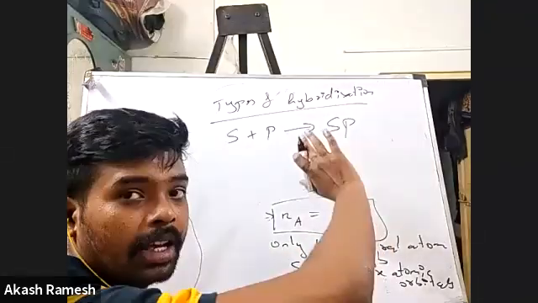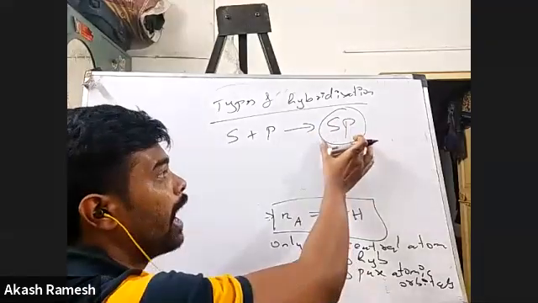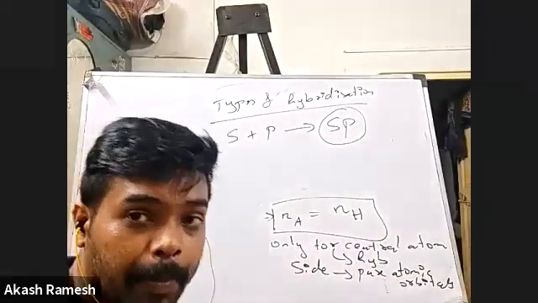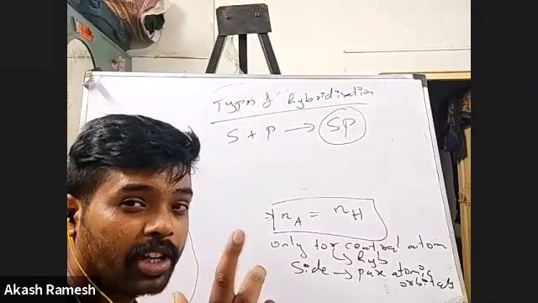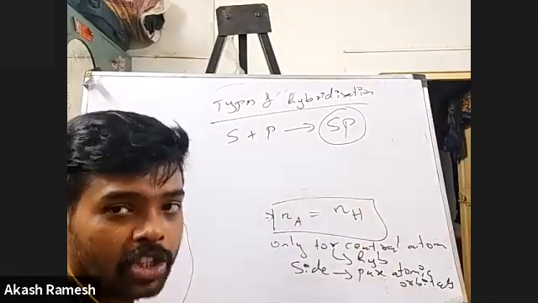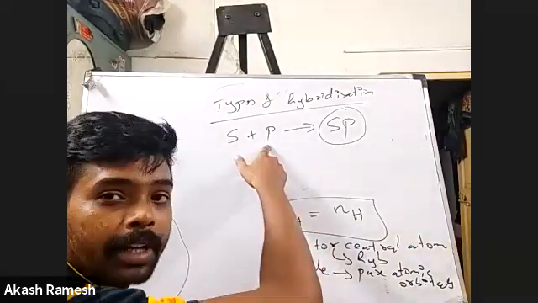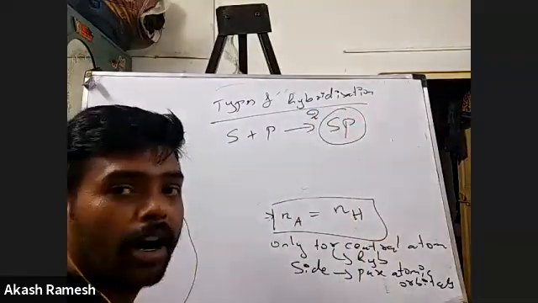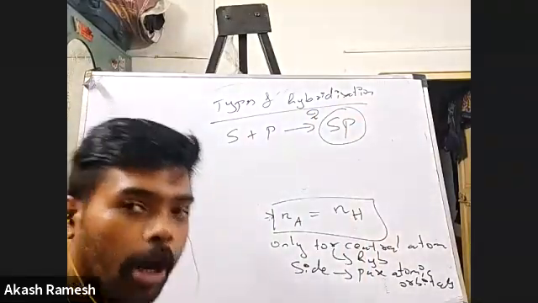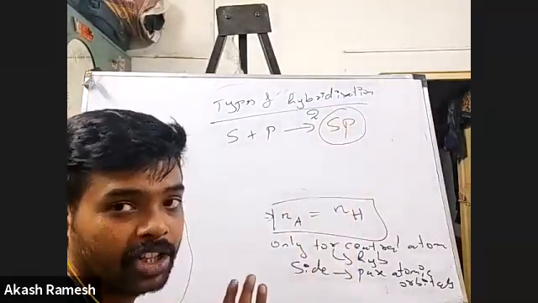You should not call it separately; this is one particular entity. So these are my sp hybridized orbitals. Now the question is, how many such hybrid orbitals will be formed? The answer is, 2 atomic orbitals are combining, so definitely there should be 2 sp hybridized orbitals. So this is the first type of hybridization.